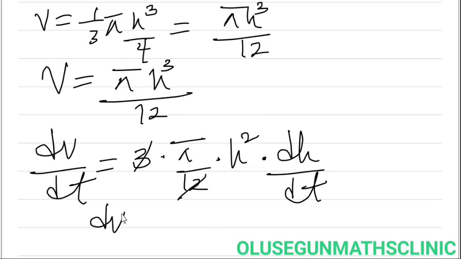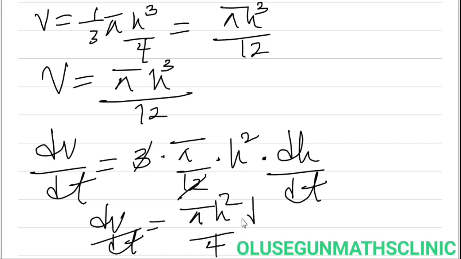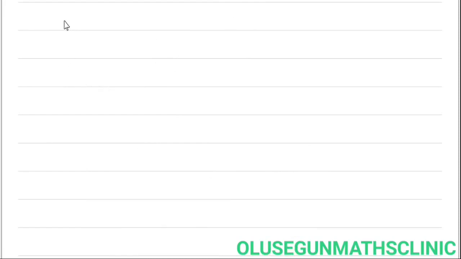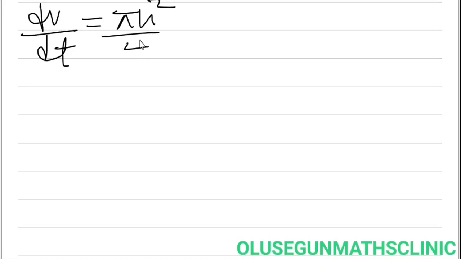So we have dV/dt equal to pi h squared over 4 times dh/dt.